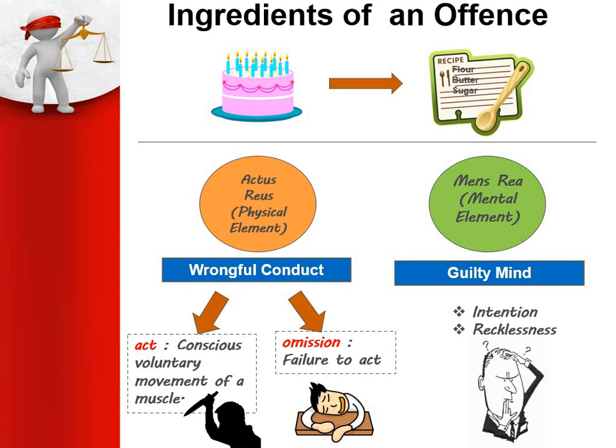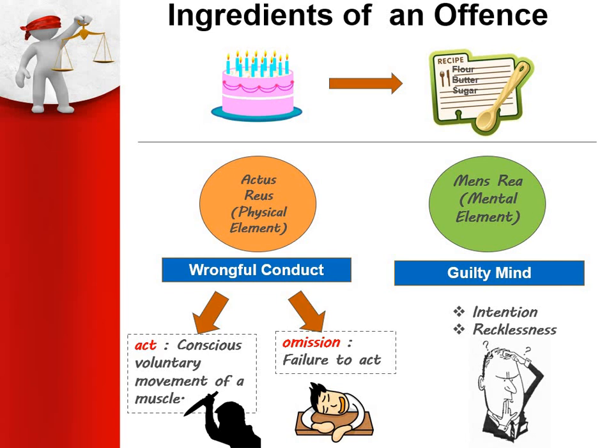Now, for example, let's say a critically ill patient is taken to hospital and a doctor fails to attend to this patient, saying that he is busy or he has to go out for lunch, etc. And then this results in the death of the patient. Now, that would be an example where murder would be committed by way of an omission.